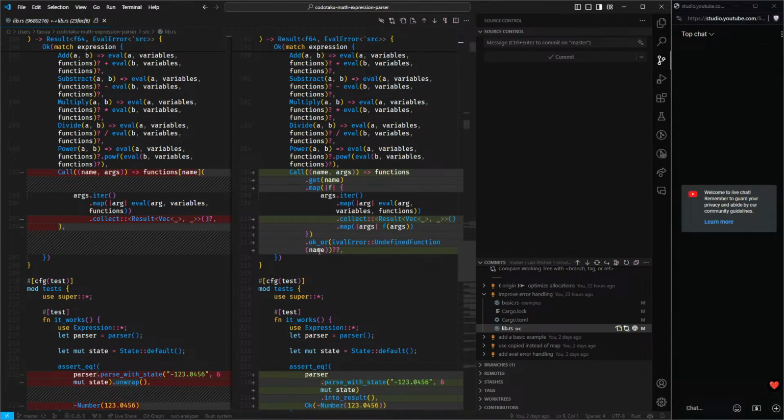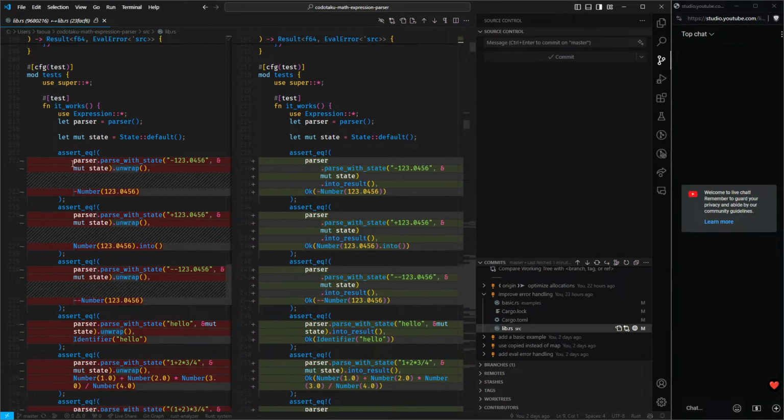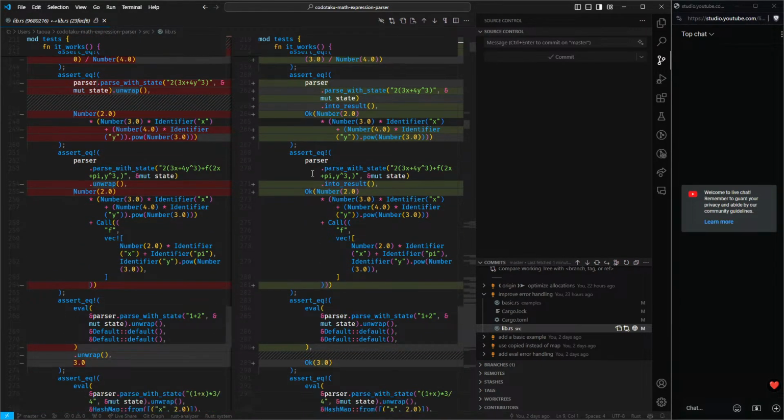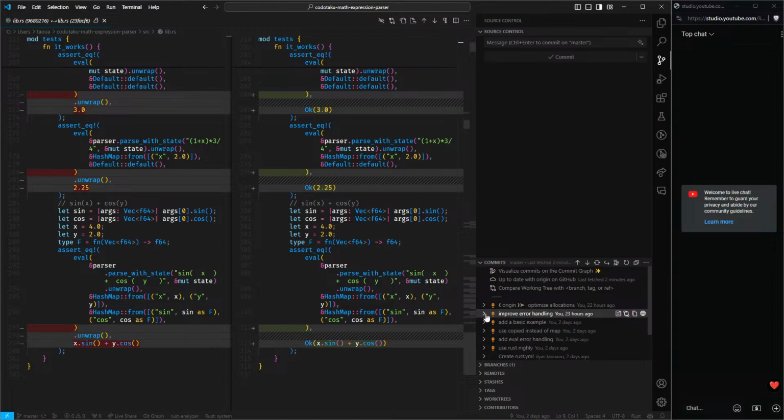And we also give the user the name of the function that is undefined. And we changed a bit the tests, but other than that, not much for improving error handling.